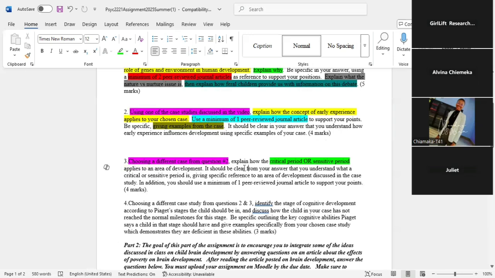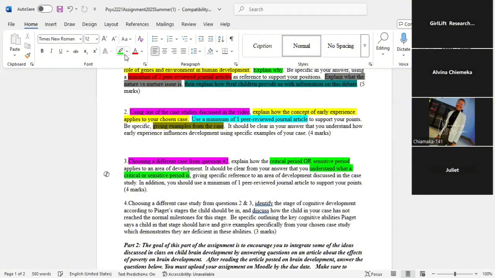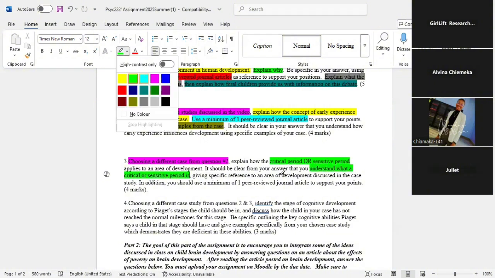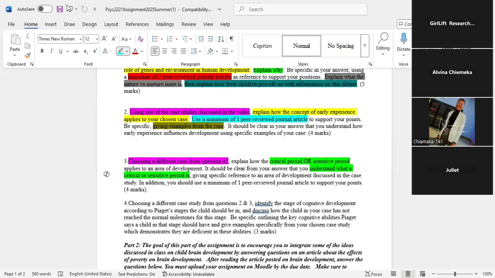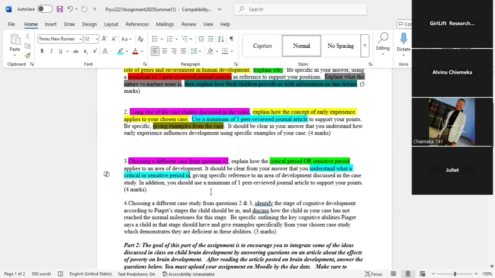So you can highlight what a critical or sensitive period is. Okay, then giving specific reference to an area of development discussed in the case study.